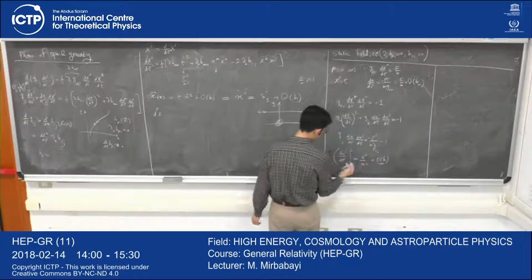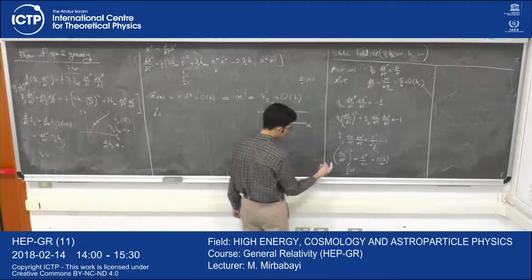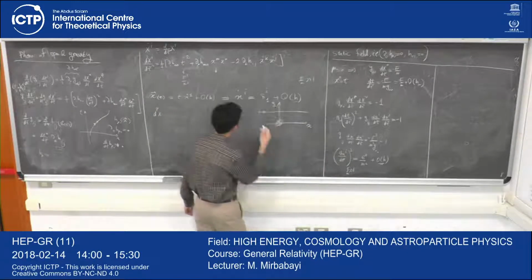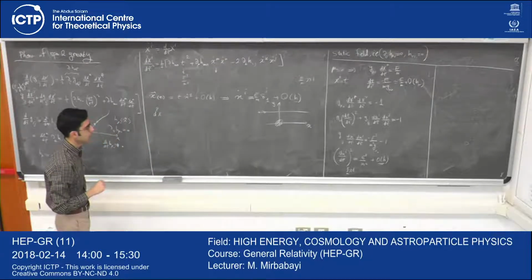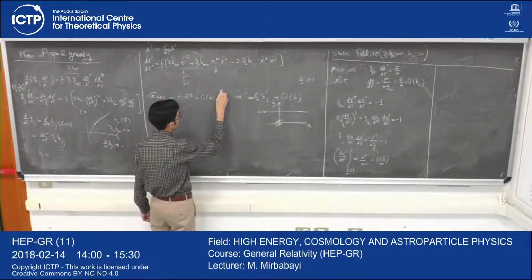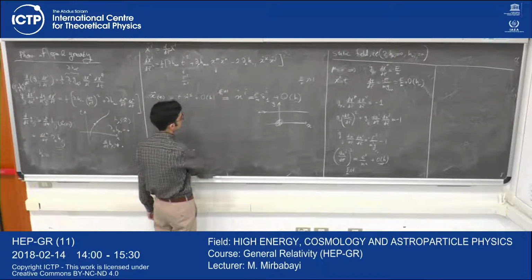From here we will get that x dot will be E over M. So we are assuming E over M is much larger than 1.